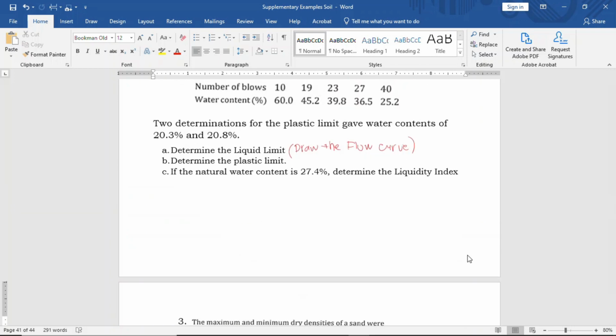Deadline ng homework natin is March 22, hanggang 11 a.m. lang.